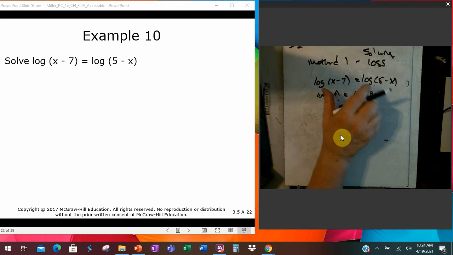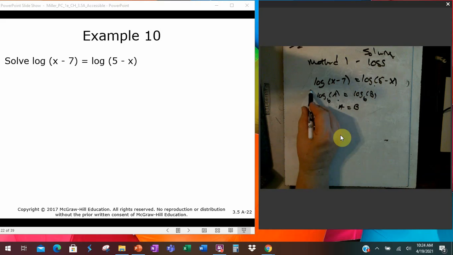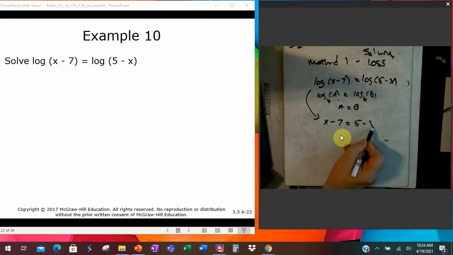As long as the bases are the same, the logs are going to be equal. So I just say this is equal to this. X's on one side, numbers on the other. Then divide by 2, 12 divided by 2 is 6.